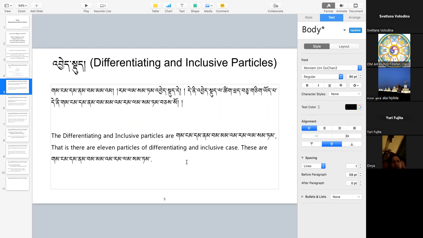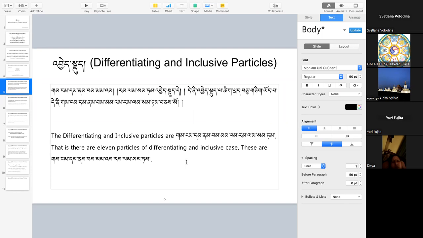So from the first two lines, we understand that the lines are introducing the particles of differentiating and inclusive case. It states that there are in total 11 particles of differentiating and inclusive case.